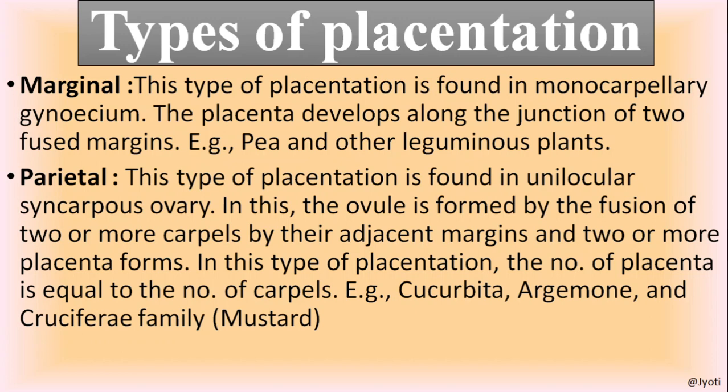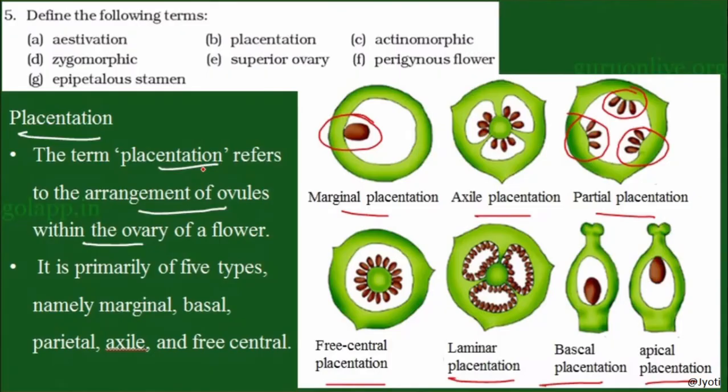So remember, in marginal placentation the gynoecium is monocarpellary and the placenta develops along the junction of 2 fused margins. Here you can see this is marginal placentation.